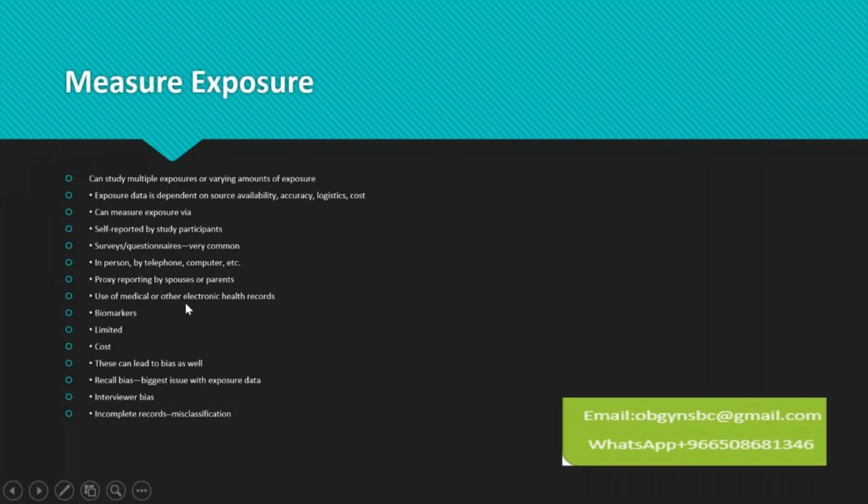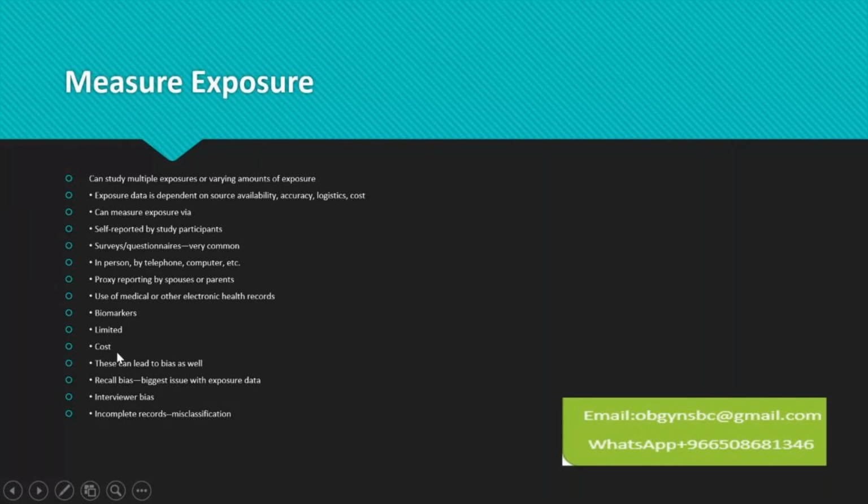proxy reporting by spouses or parents. Use of medical or other electronic health records. And we can also use biomarkers. So you can save money here, and these can lead to bias as well.